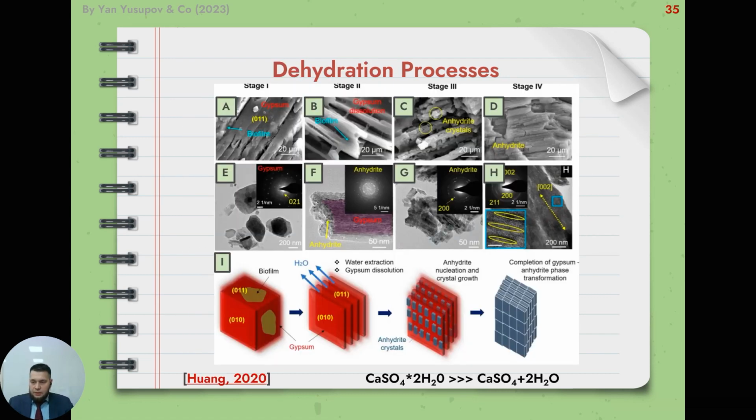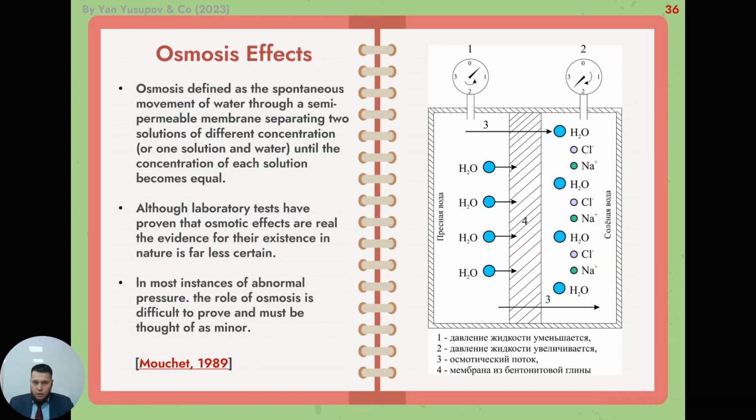Another cause of abnormal pressure is chemical reactions, such as dehydration reactions, which include transformation of gypsum to anhydrite. The osmosis effect is defined as a spontaneous movement of water through a semi-permeable membrane separating two solutions of different concentration, until the concentration of each solution becomes equal.